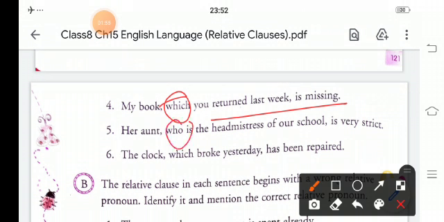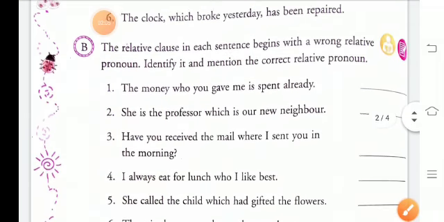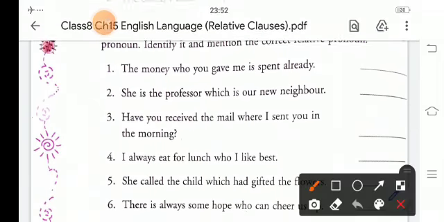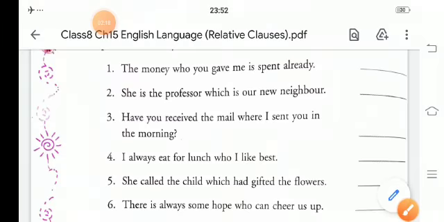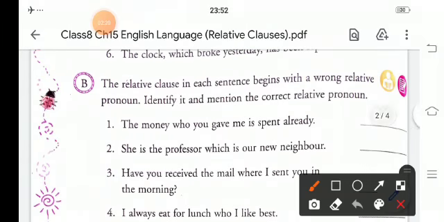Her aunt, who is the headmistress of our school, is very strict, and the clock which broke yesterday has been repaired. In each sentence it began with the wrong relative pronoun. We have to identify it and correct the sentence.